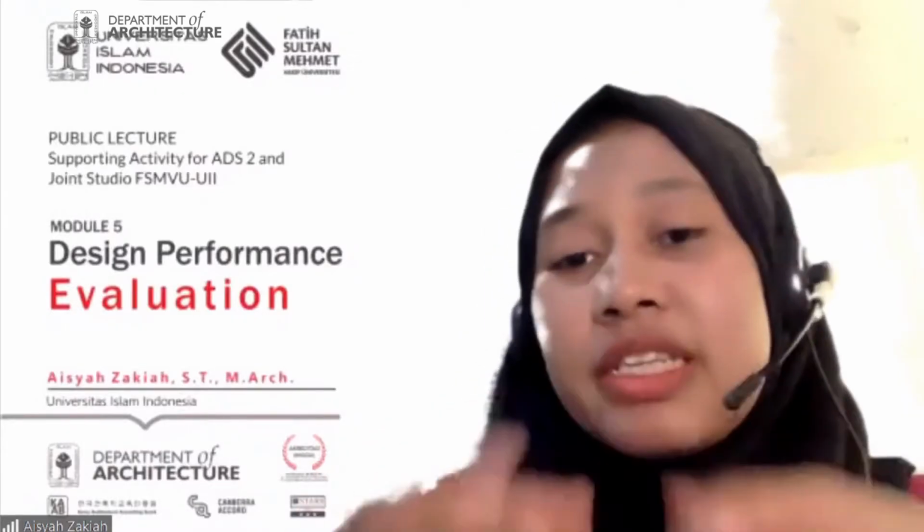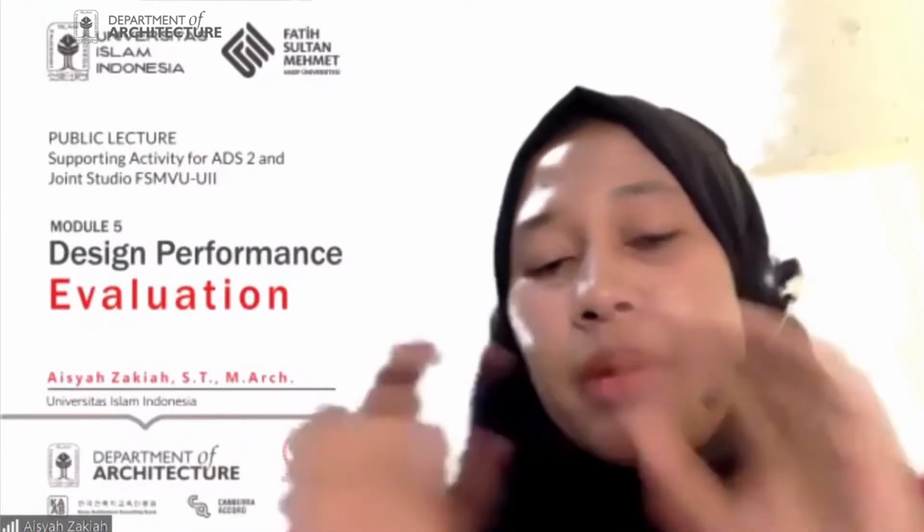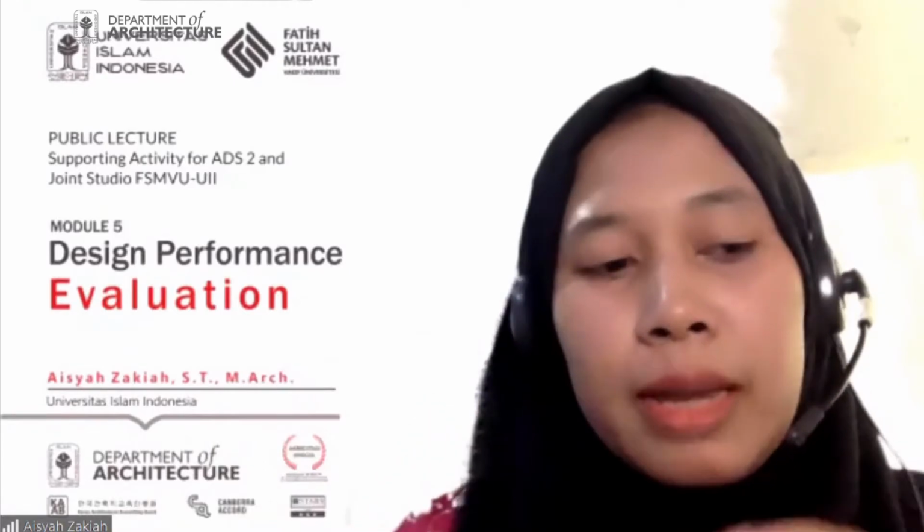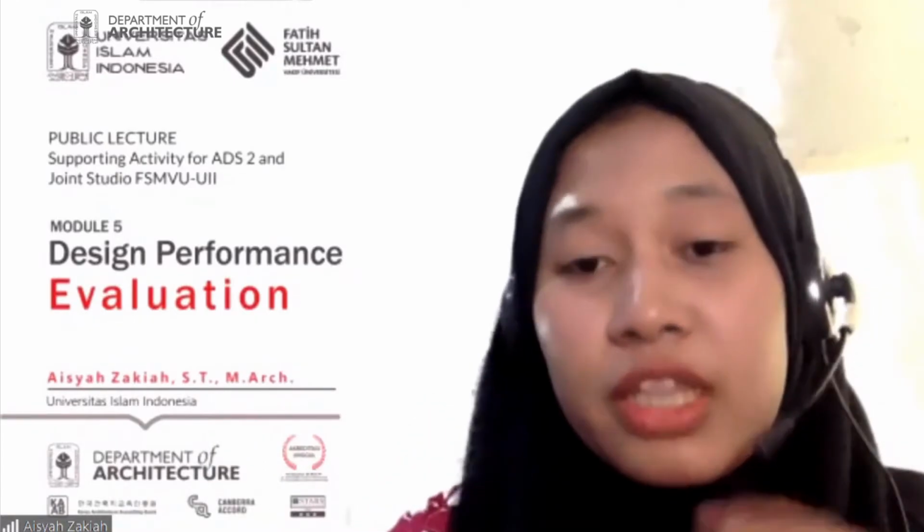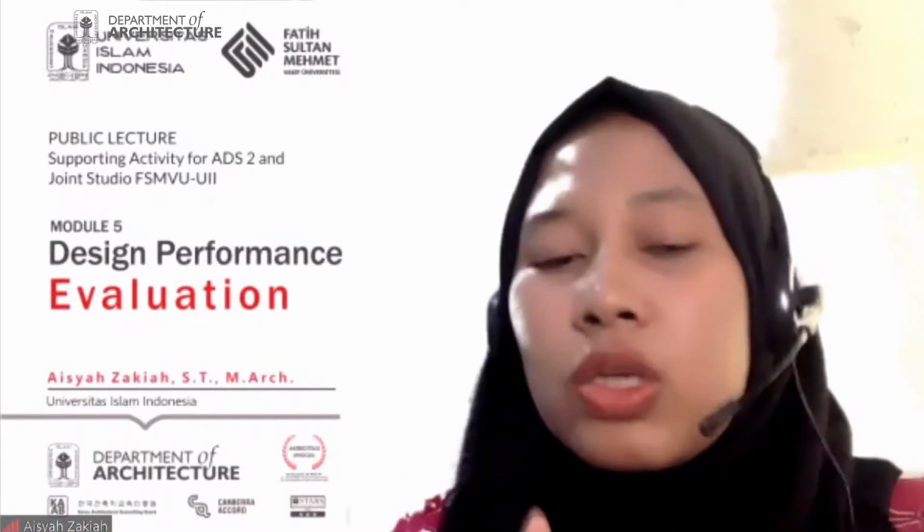So we create the design first, we test it, then maybe we make some change or put an intervention on it, and we test it again. That's the manual way. Yeah, we can do it manually, test several alternatives and pick the best one, but we can also use the generative design to make it faster and closer to our design intention.